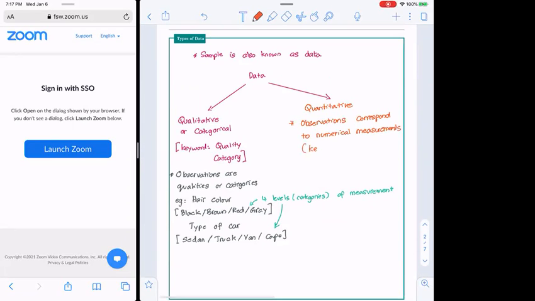The key word here is quantity. Anytime we say quantity, we're saying, oh, we're measuring something using some scale. So if you have a sample, and if every single observation in the sample is a numerical measurement, whatever sample that you have is a quantitative sample.